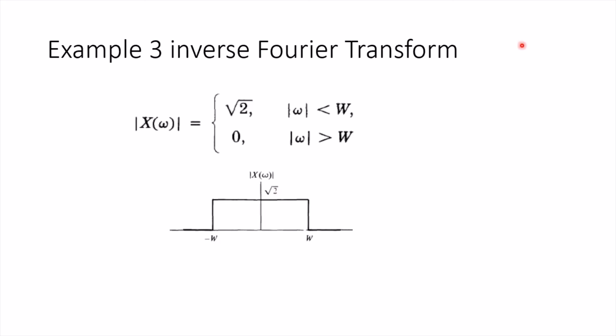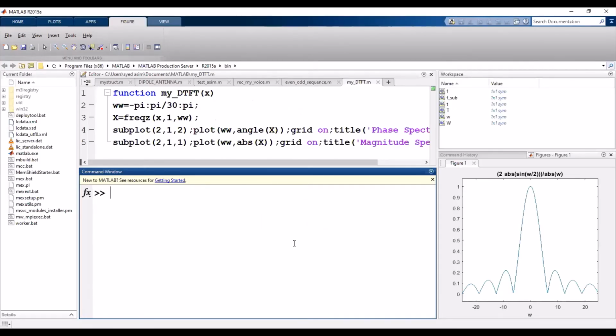So go back to MATLAB. In this case, we just need to define F, which is basically sqrt, square root of 2. For the inverse Fourier transform, we have exp of j omega t, integrate with respect to omega from minus omega to omega, and last thing, we just need to multiply by 1 over 2 into pi.